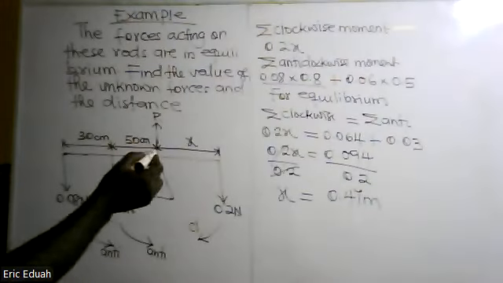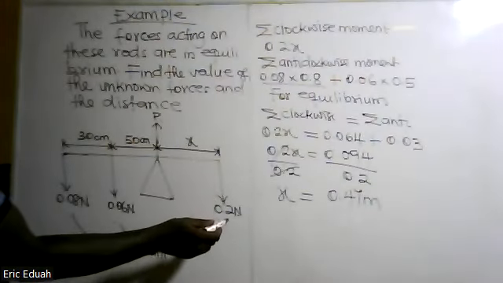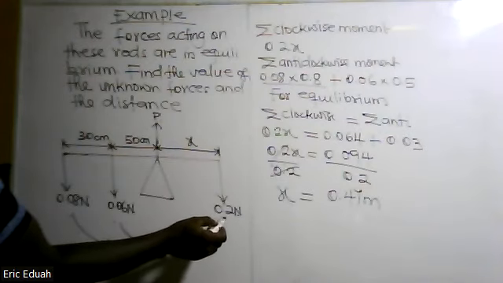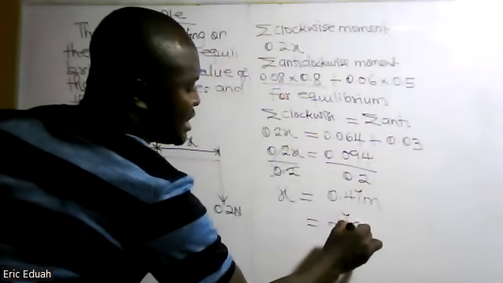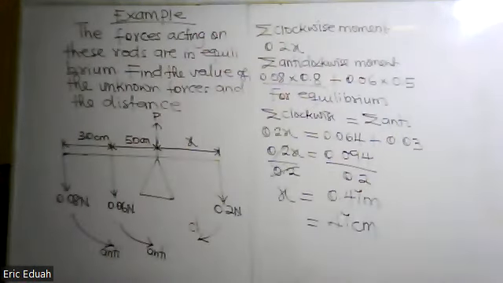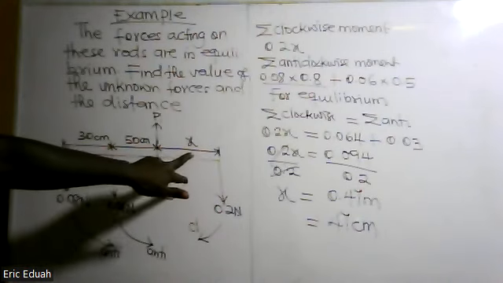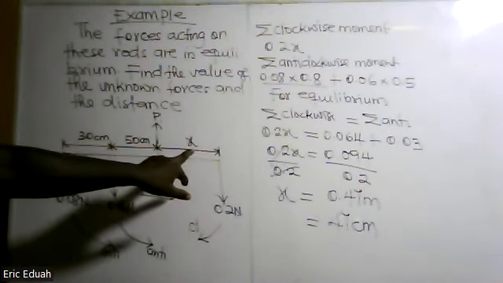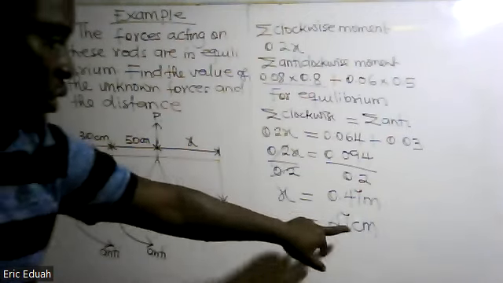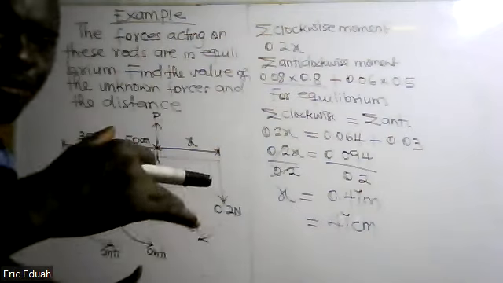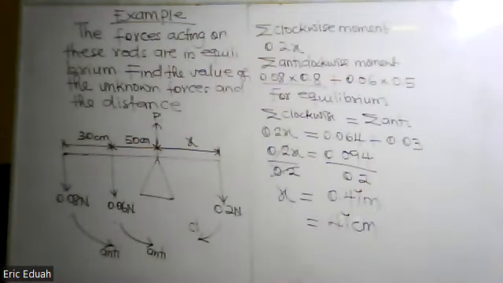What it means is that the distance from where the 20-gram mass is to the pivot is equal to 47 centimeter. That is where this 20-gram mass has to be placed from the pivot so that we get a situation of balance or equilibrium. Are we okay?